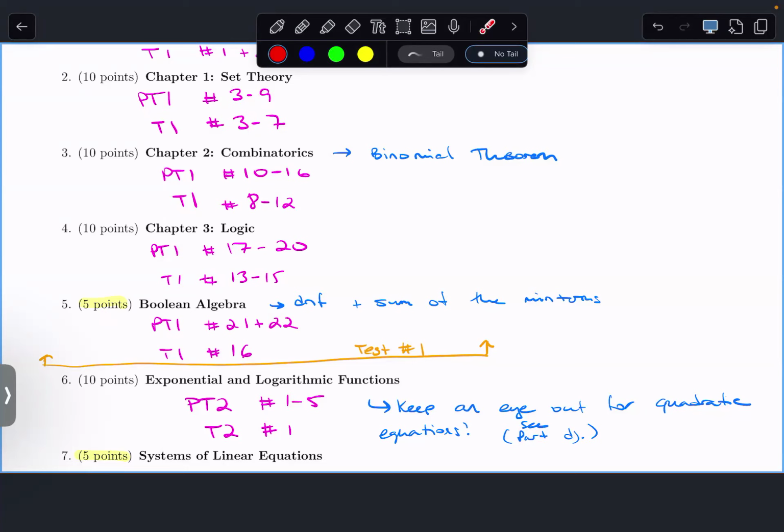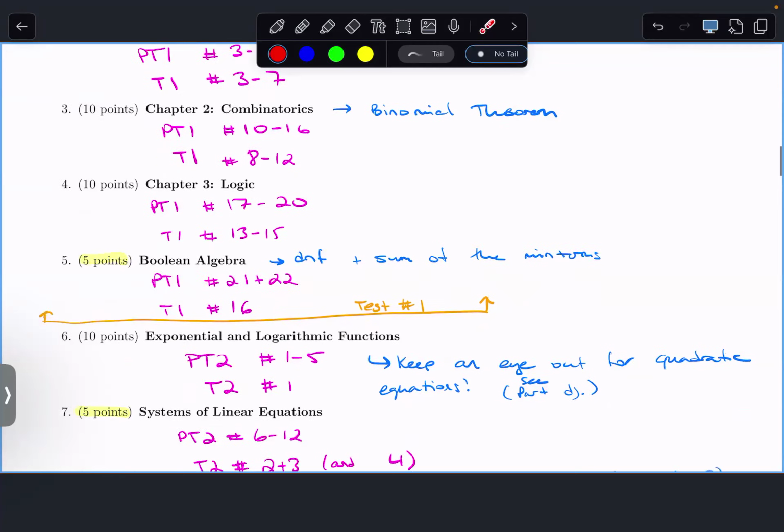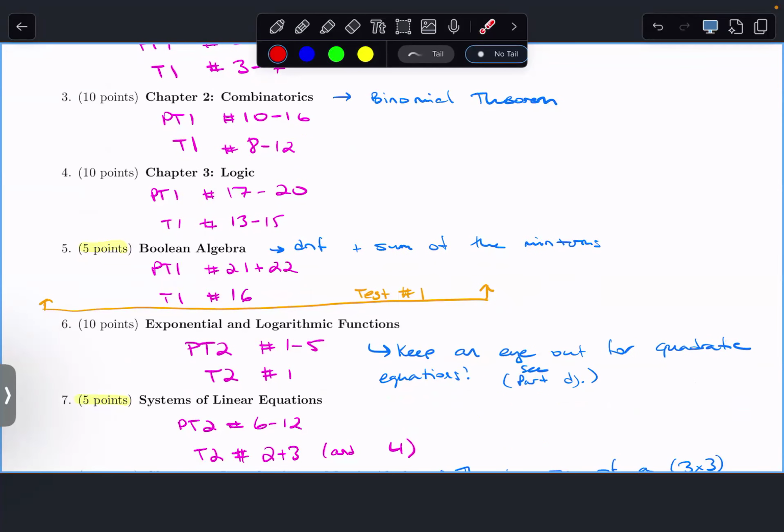I know I'm lazy like that. I don't want to mark the same thing twice. That's ridiculous. So I think I might be tapped out at 5 points for the Boolean algebra. Just one. I'll remove the highlight there. Keep it at 5.